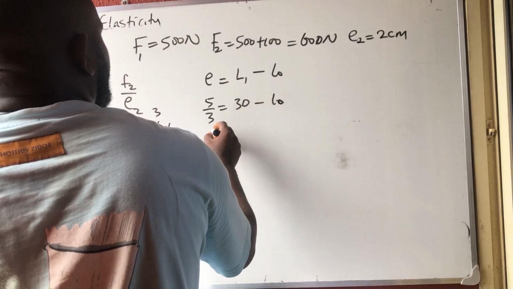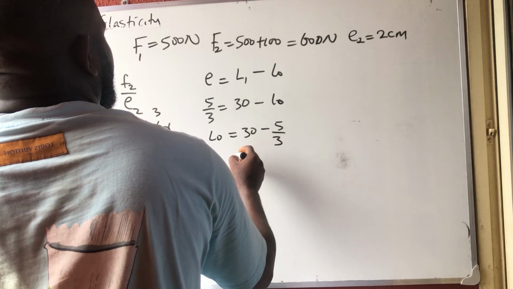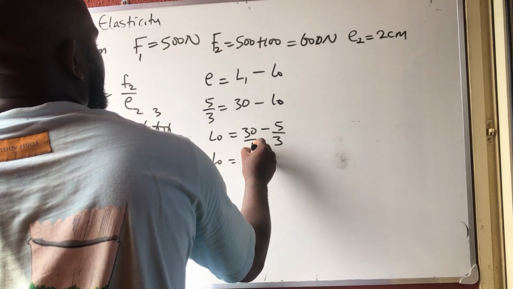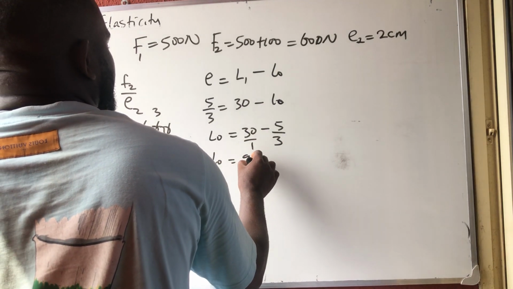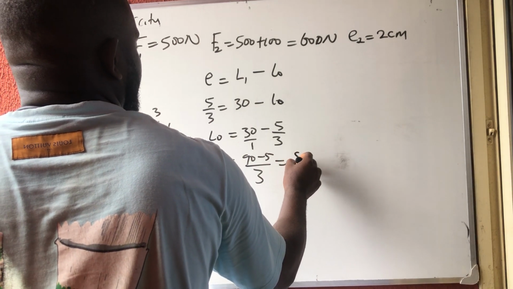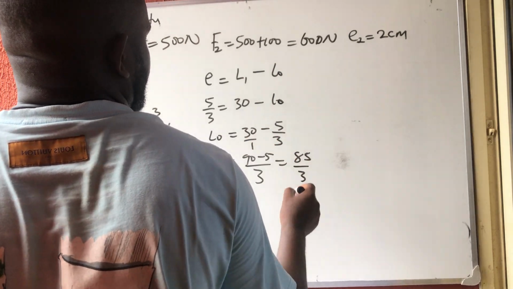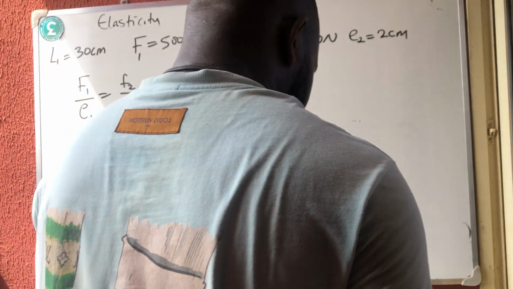This one going here, this one coming here. So L0 is equal to 30 minus 5 over 3. So L0 is now 90 minus 5 over 3, which is 85 over 3 cm.